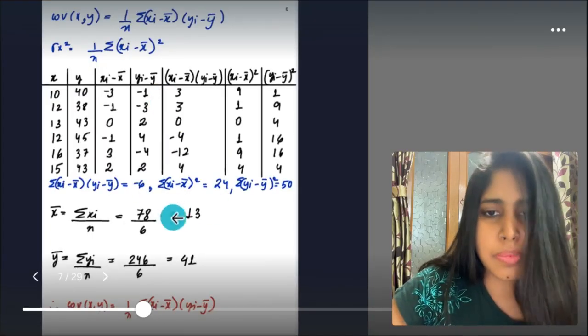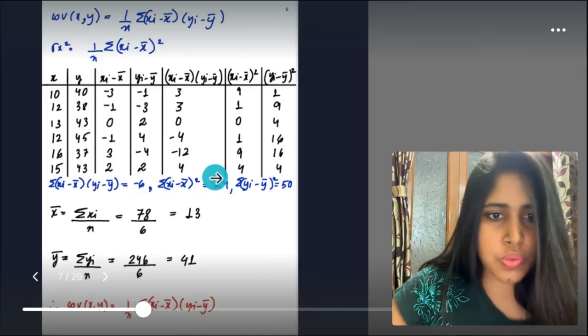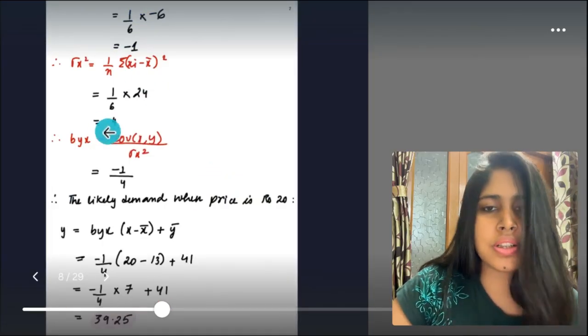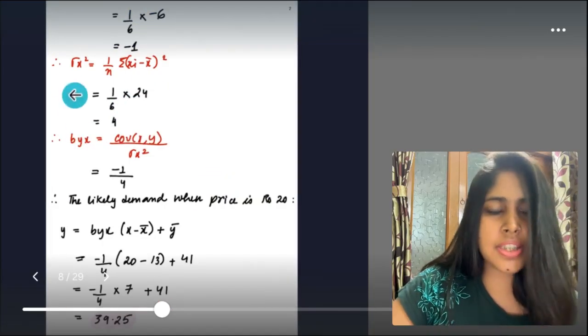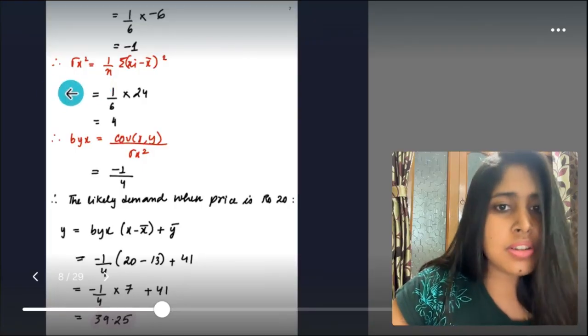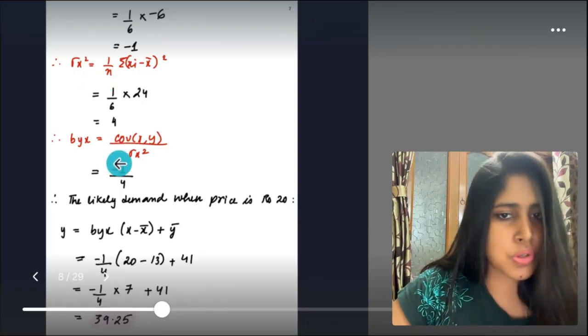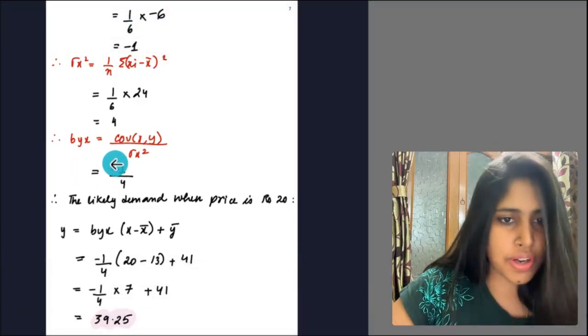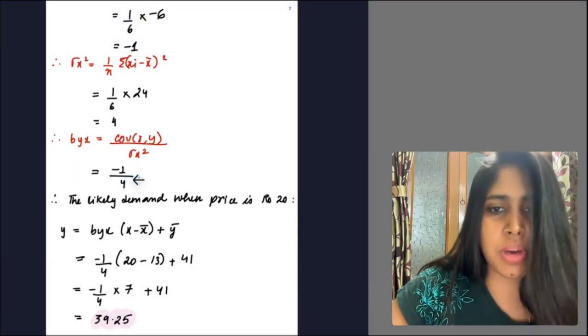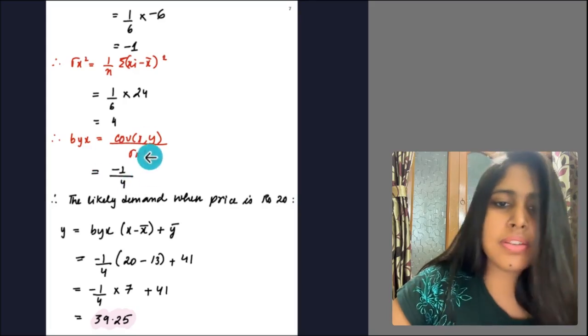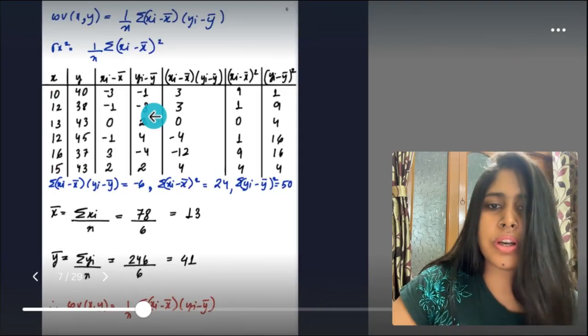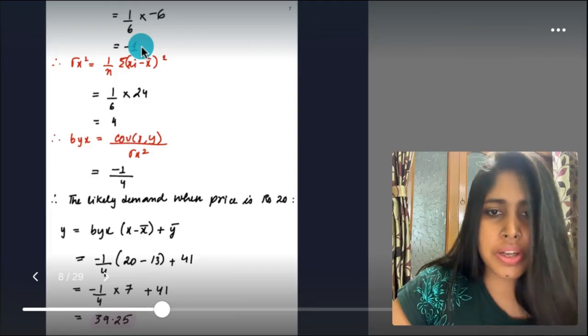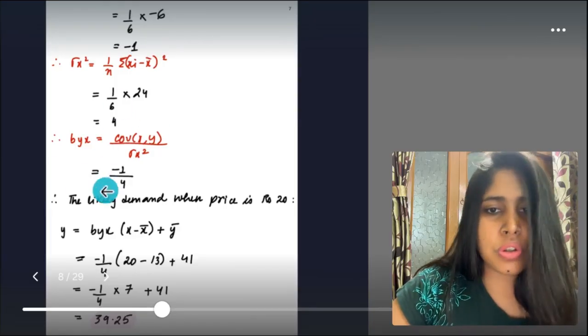Summation of xi minus x bar whole squared is equal to 24. So here we put the value and we get sigma x square is equal to 4. Then byx is equal to covariance of x and y divided by sigma x square, which is equal to minus 1 by 4.